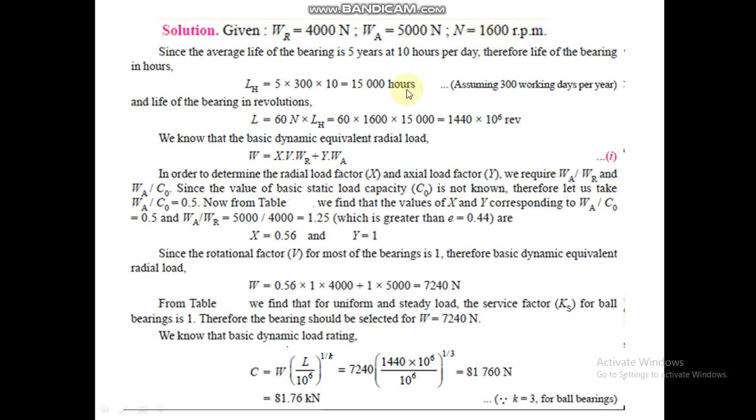So in 1 hour it will rotate 60 into 1600. And how many hours does it have to rotate? 15,000. So we multiply these three terms, and this is the number of revolutions for which your bearing will rotate, or we can say this is the life of a bearing in terms of revolutions.